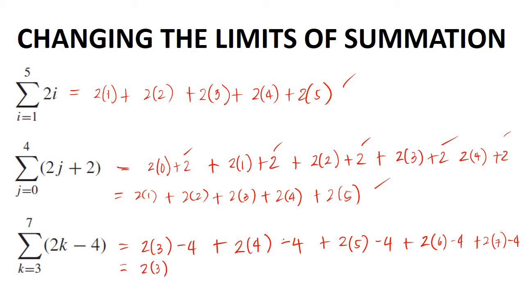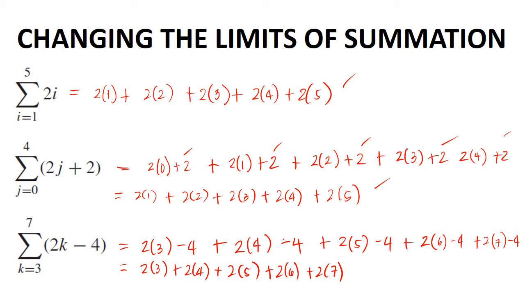And you can see, meron kang 2 times 3 plus 2 times 4 plus 2 times 5. Tama? Plus 2 times 6 plus 2 times 7.